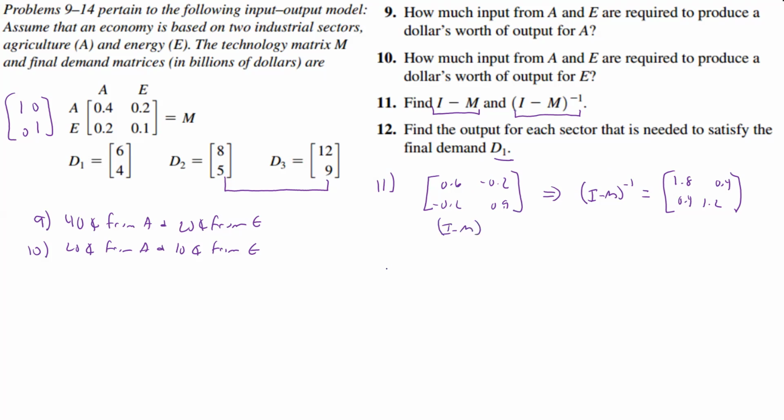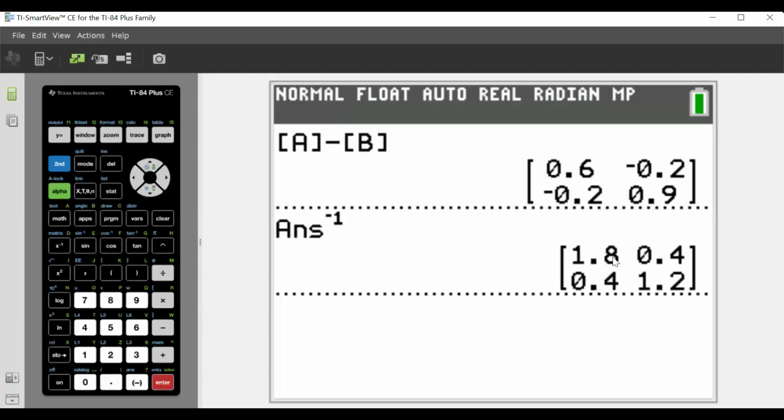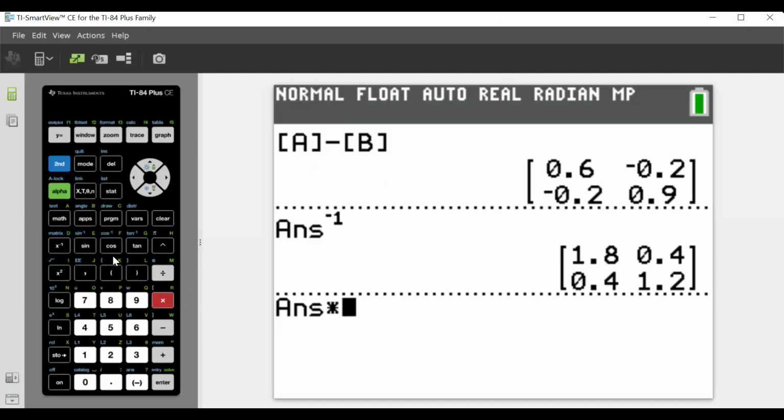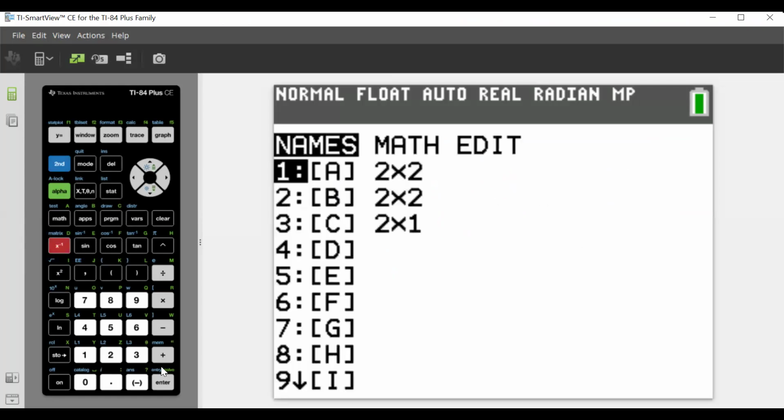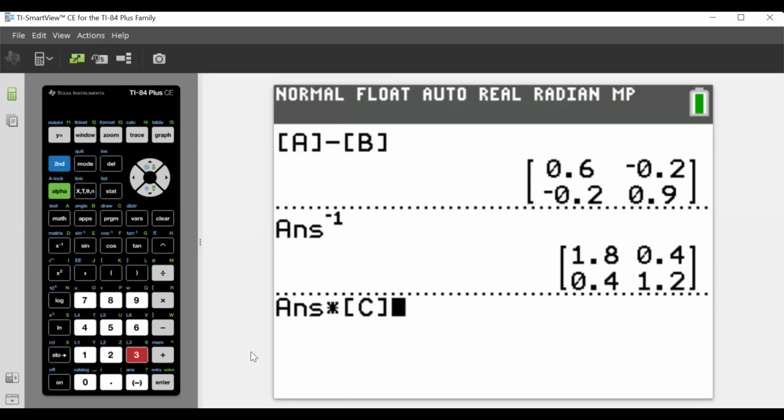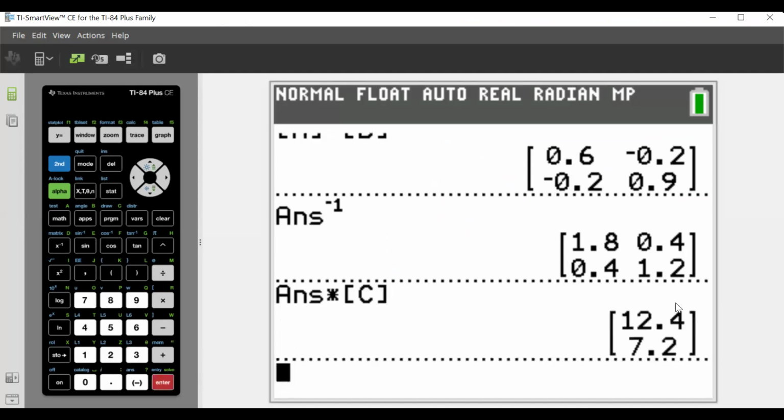Okay. And then for 12 and 13 and 14, basically, we're going to take our I minus M inverse and multiply it by our D. Doing that in our calculator, I have the I minus M inverse, and I'm going to multiply that by the C, which is matrix 3, already plugged in. And so that's going to be 12.4 and 7.2.